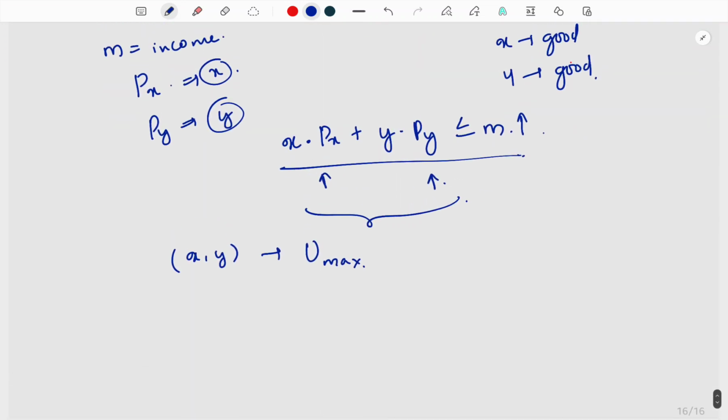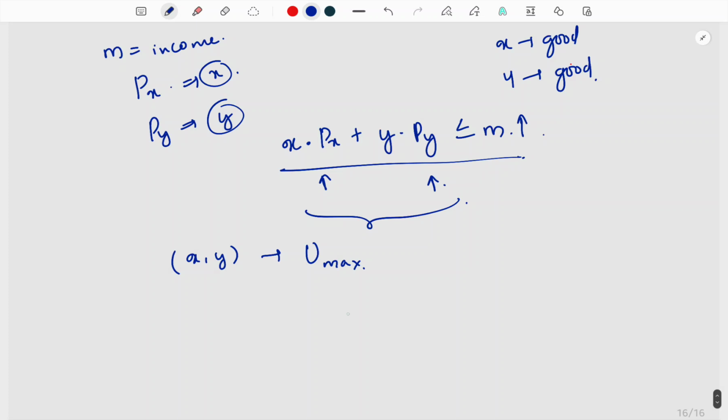Suppose he consumes good y instead of x. In this case consumption of x will be 0, then it will be y into py, which is less than or equal to m. And for maximum consumption you should not use less than, because he should consume at most the amount of the income. Okay, here y equals m by py.